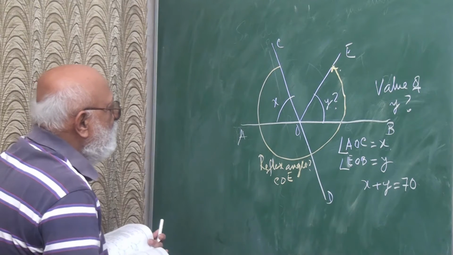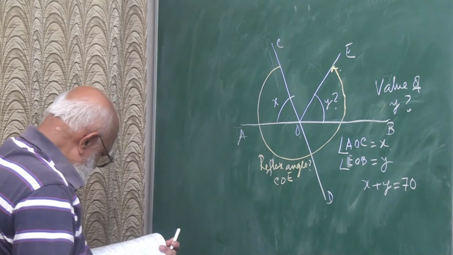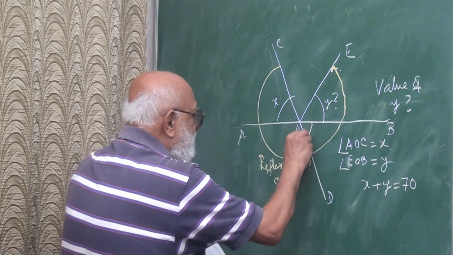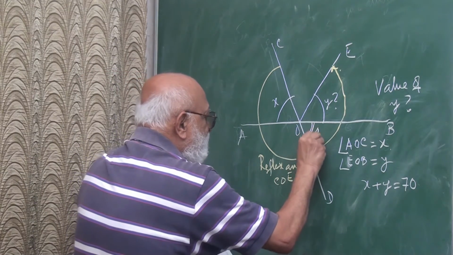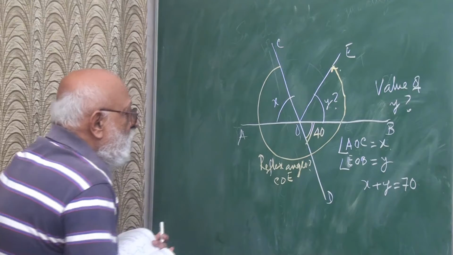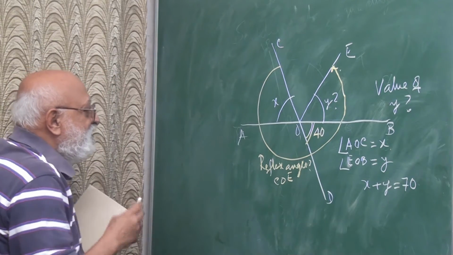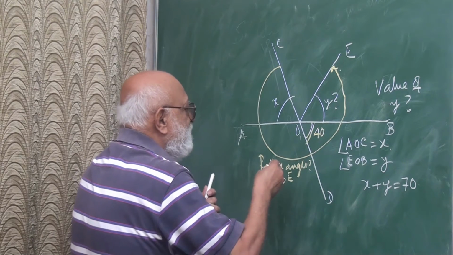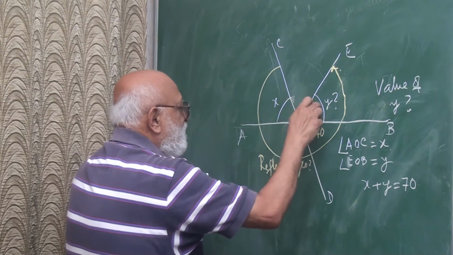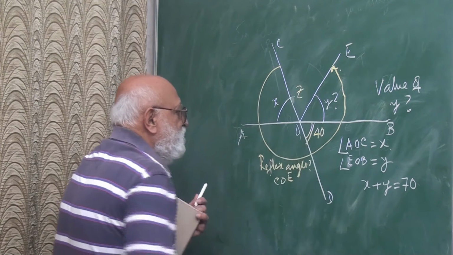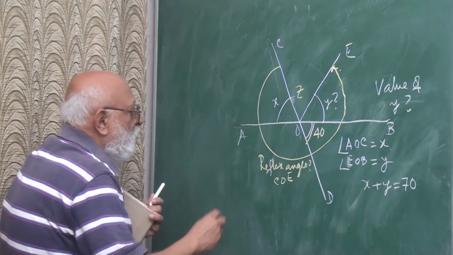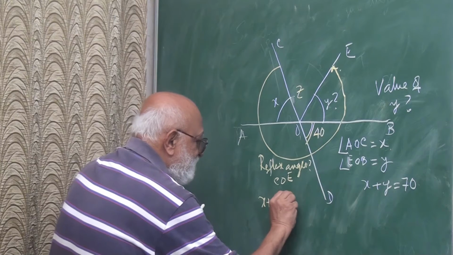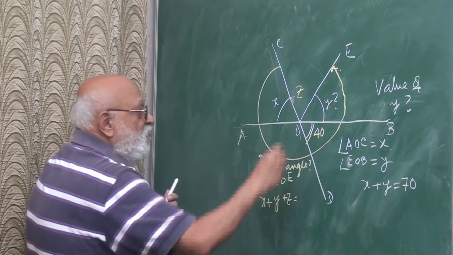Now I have been given BOD, this angle has been given as 40 degrees. So let us say that this angle I don't know. Let's say this angle is equal to Z. I can always write X plus Y plus Z is equal to how much? 180, right?